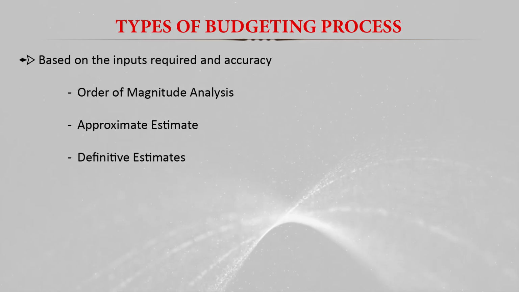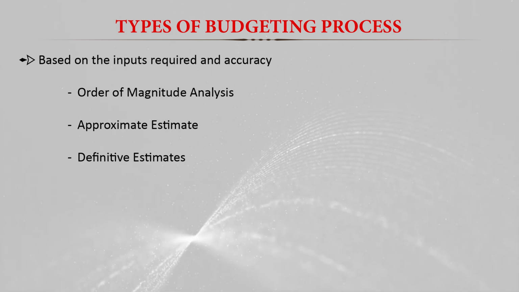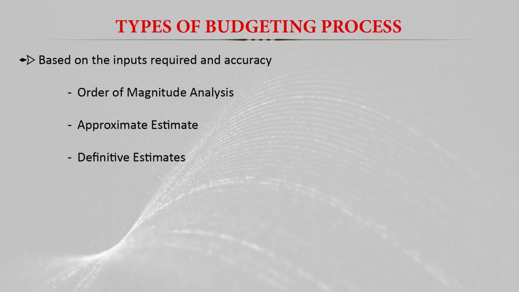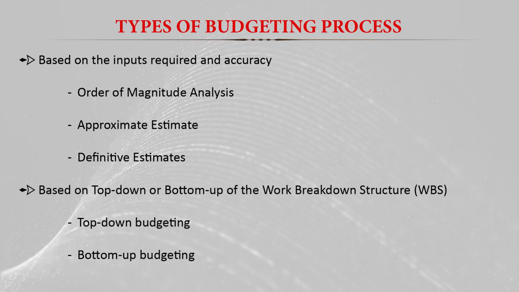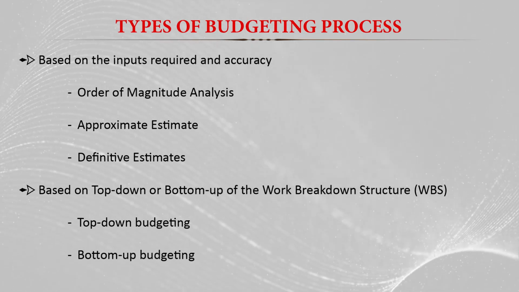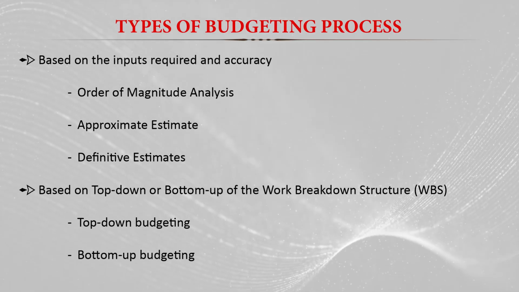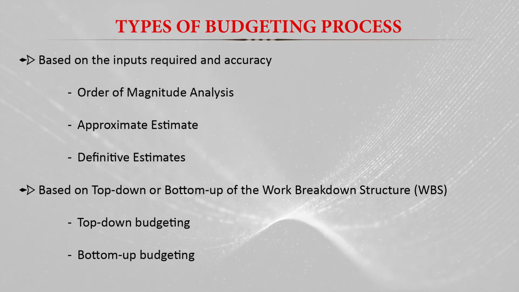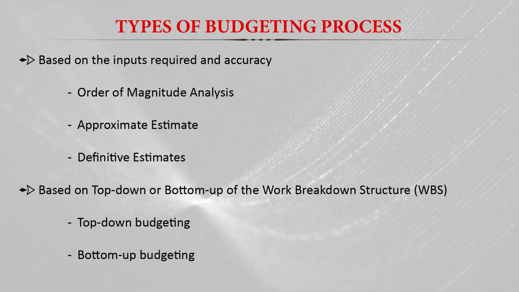Another type of budgeting process is the top down or bottom up approach of the work breakdown structure. So here again there are two techniques, the top down budgeting and the bottom up budgeting. Here we will discuss the types of budgeting process.